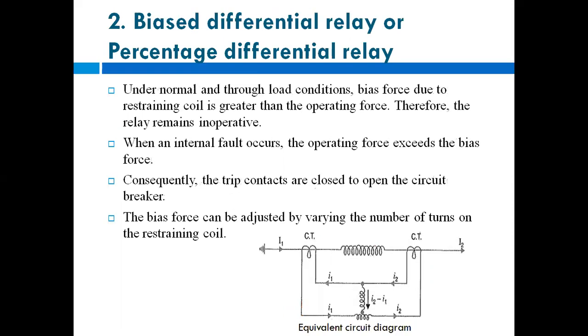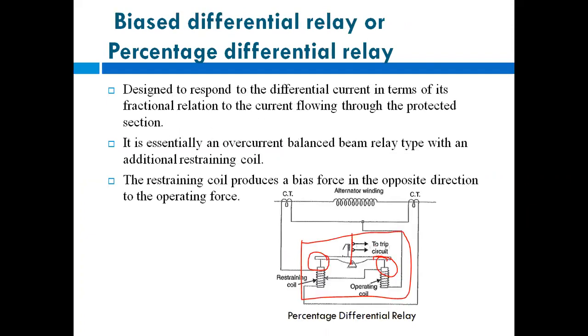Okay, so here we'll see that under normal and through load conditions, the bias force due to the restraining coil is greater than the operating force. As I told you, this restraining force or bias force is greater than the operating force, because if the operating force is more, then under normal conditions also your relay will operate.